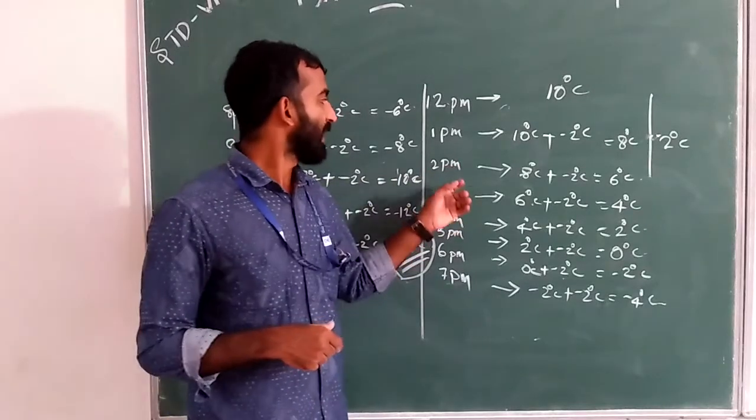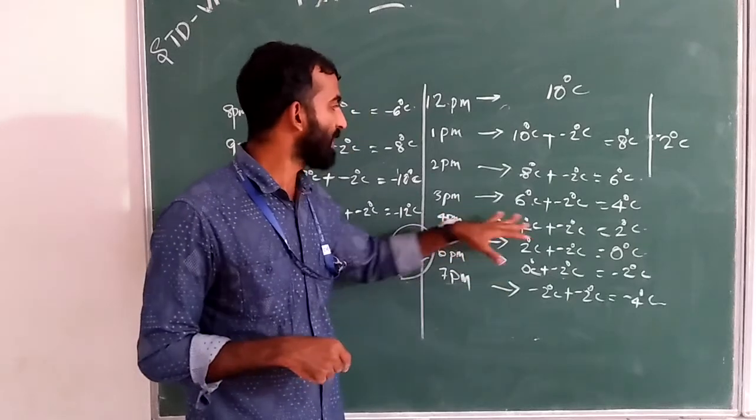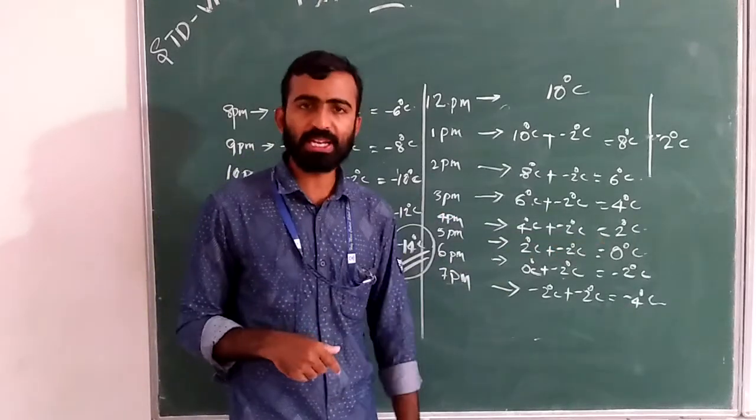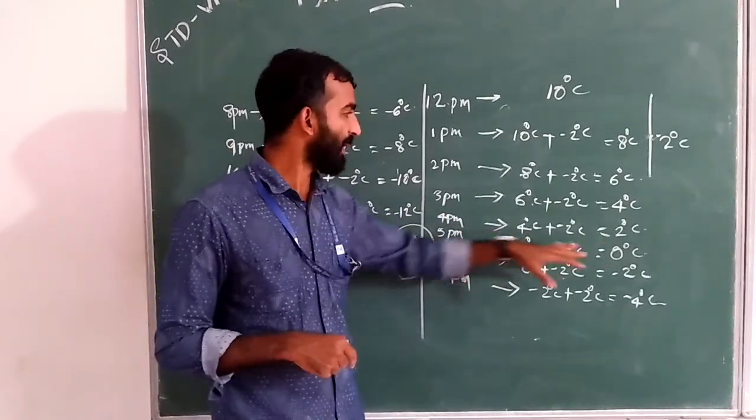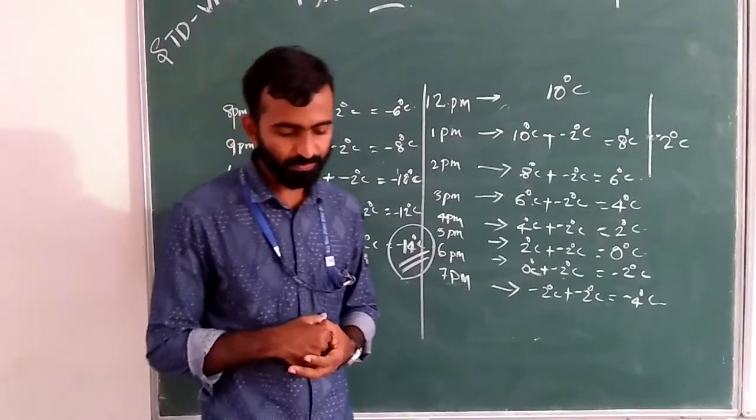And at 2 p.m. we get 6 degrees Celsius, at 3 p.m. we get 4 degrees Celsius, and at 4 p.m. we get 2 degrees Celsius. And next, what do we get?